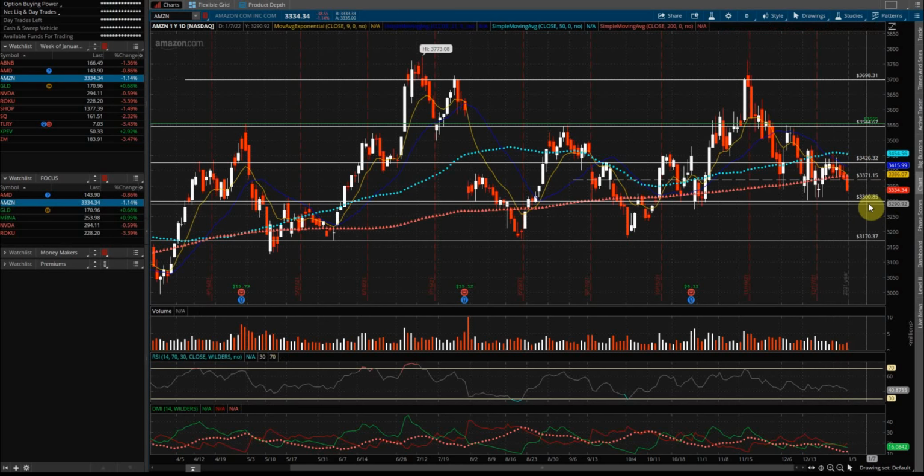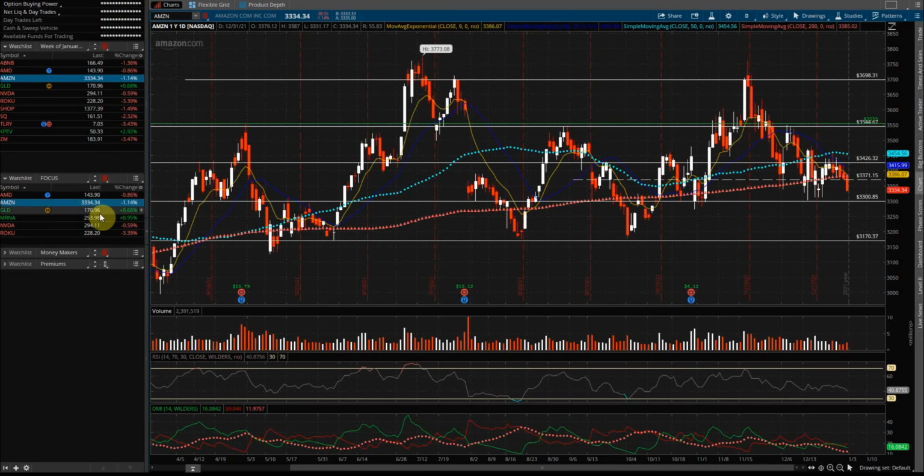But under 3300 is really bad for Amazon, and it can quickly drop to 3250, 3200, and then 3170. The next real major support for Amazon under the 3300 level is just 3200 and 3170. So under that 3300 level, Amazon can get really ugly, and that's a huge setup I'm watching for this week. Probably my favorite setup this week.